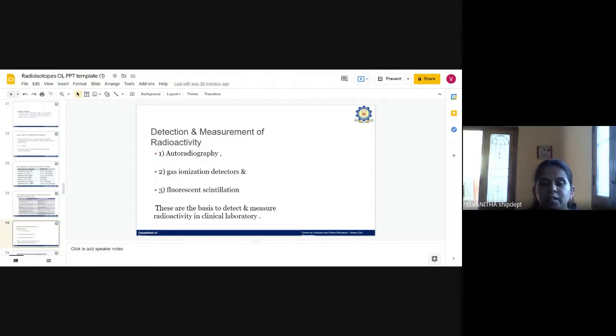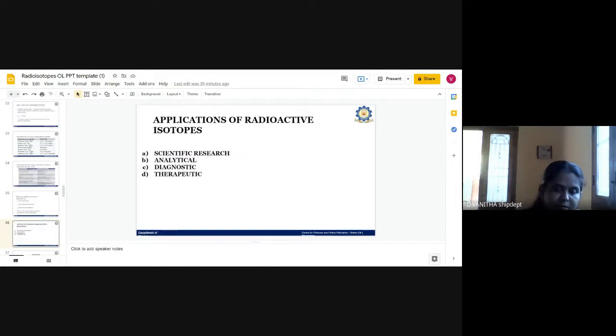So these are the basic ways to detect and measure the radioactivity in a clinical laboratory. These radioisotopes are used in scientific research, analytical research, diagnostic research, and therapeutic research.